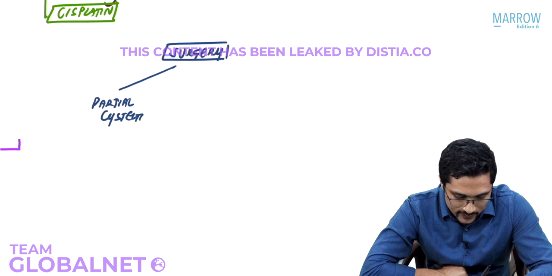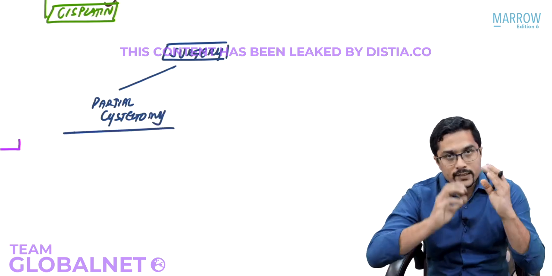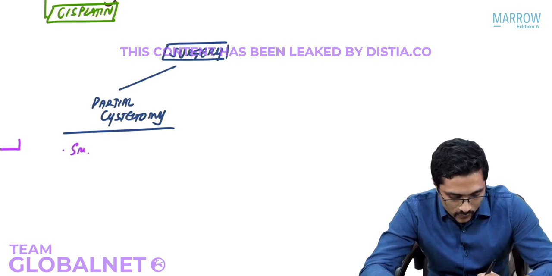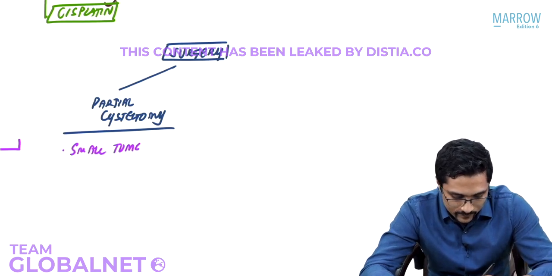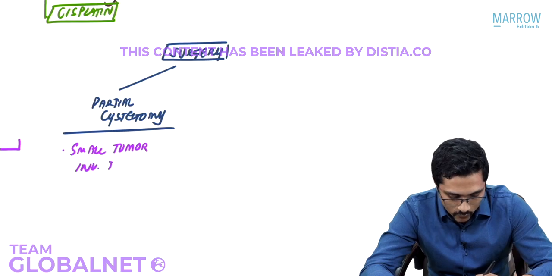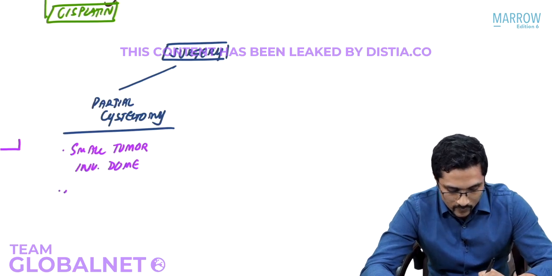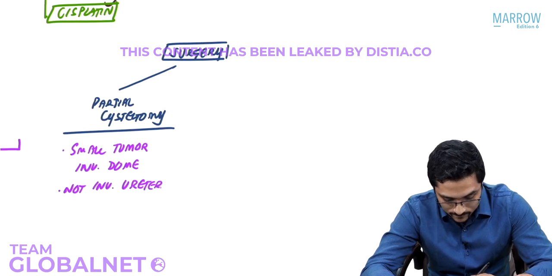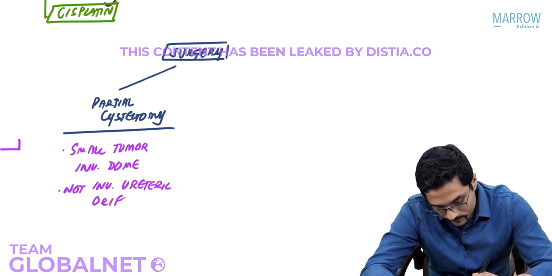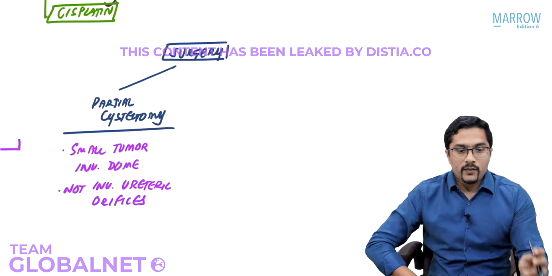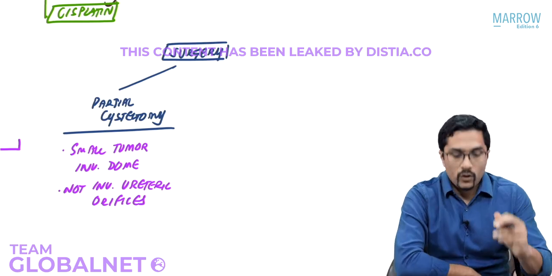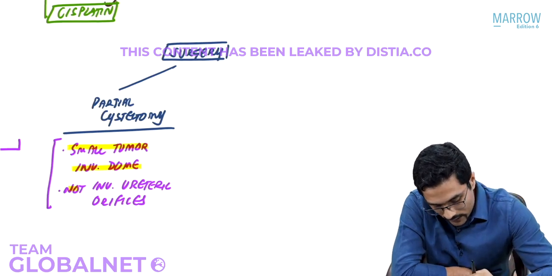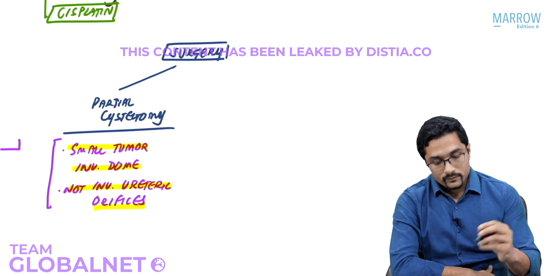This is for a subgroup of patients where you have a small tumor involving the dome, not involving ureteric orifices, those are the patients where partial cystectomy can be offered to them.